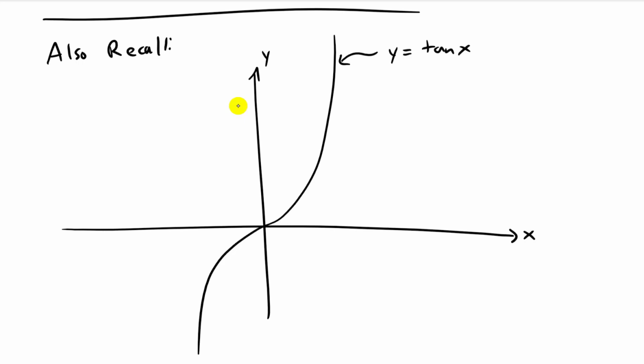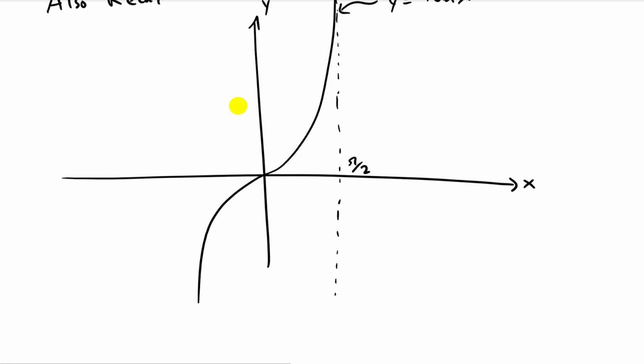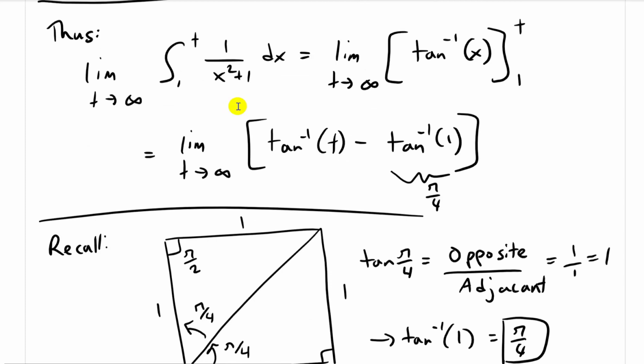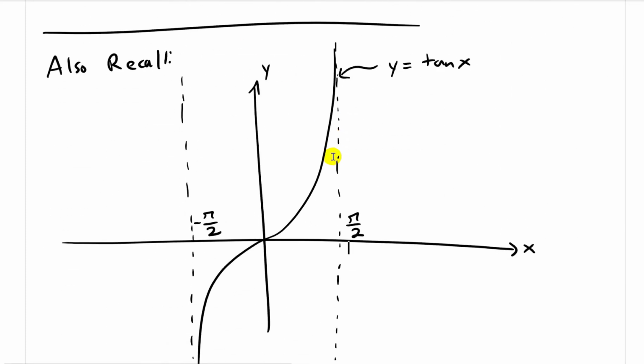So we have that, and this asymptote line all the way going down, like that, and this asymptote line is at pi over 2, and then this asymptote line across here is at negative pi over 2, like that. And here, actually, just to align with this t there, I'm going to write this as t, change the variable from x to t.